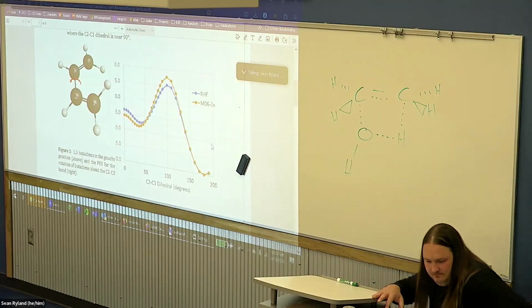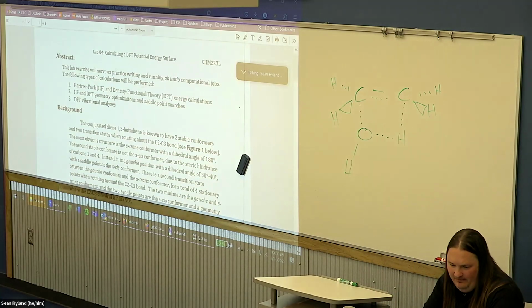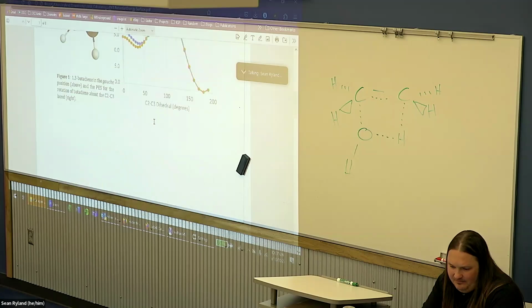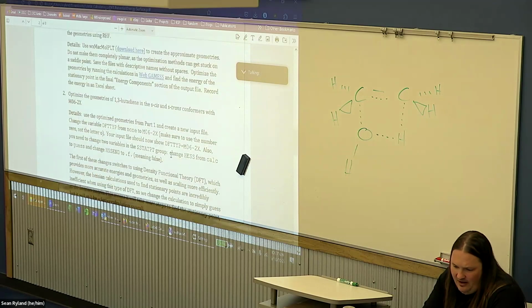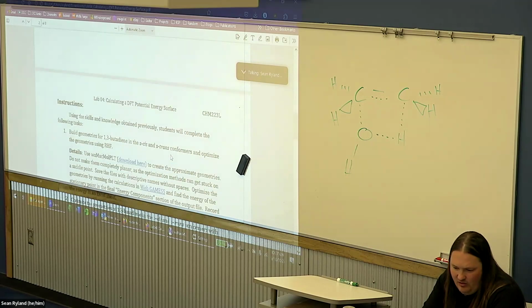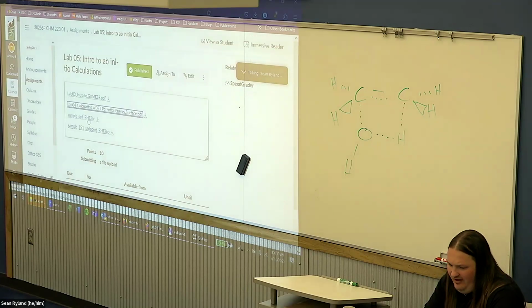All right, so this file, the one that is labeled as lab 4, has more information about actually running the calculations. We're going to run through how we do this, but basically these other two sample files are labeled as .inp, but you're going to want to open them with a text editor.